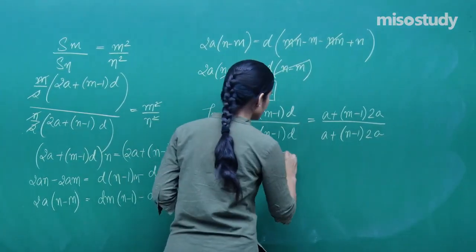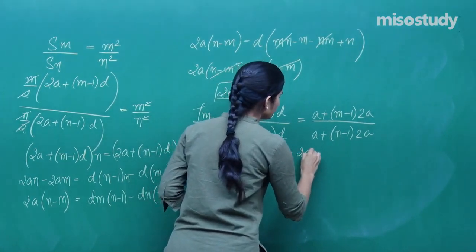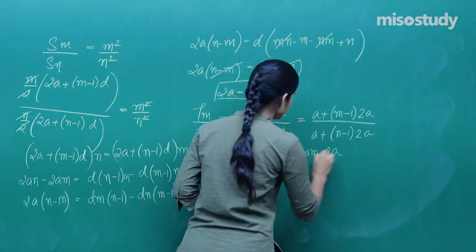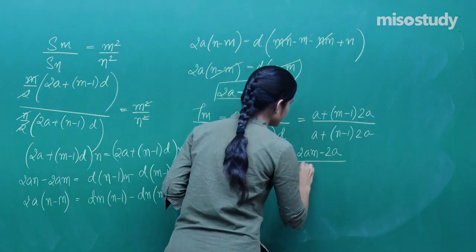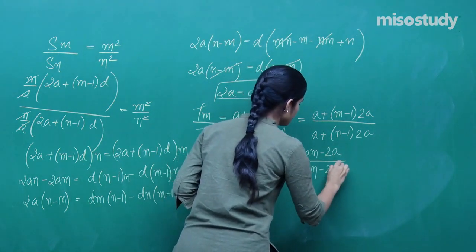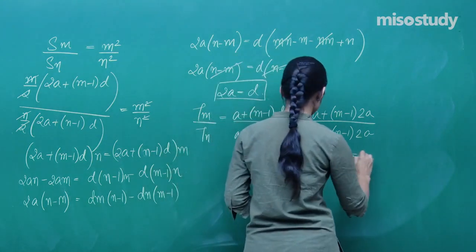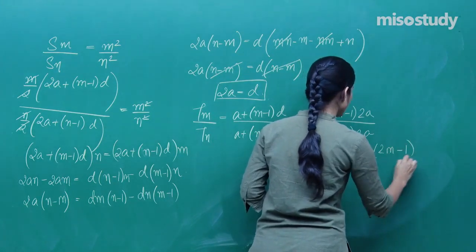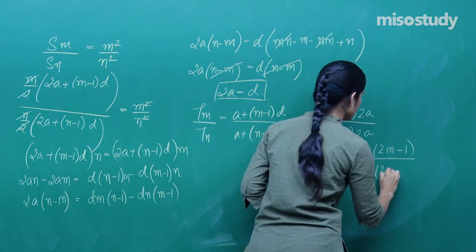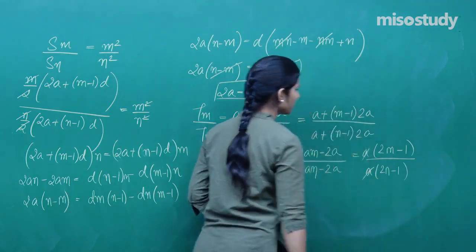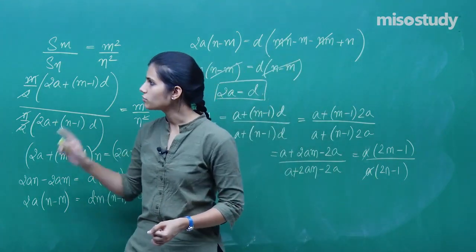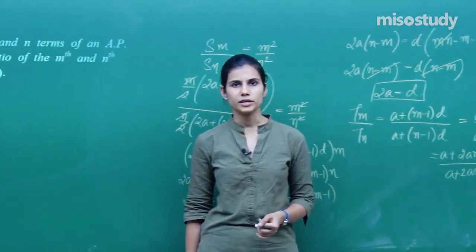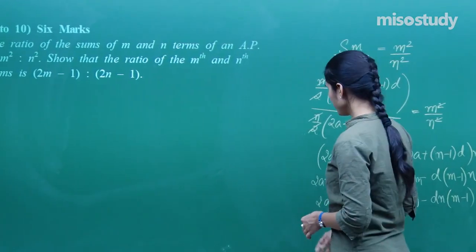So what do you get? You get a plus 2am minus 2a upon a plus 2an minus 2a, which gives you a common 2m minus 1, a common 2n minus 1, and you have got that the ratio is 2m minus 1 is to 2n minus 1. Clear? Easy enough?